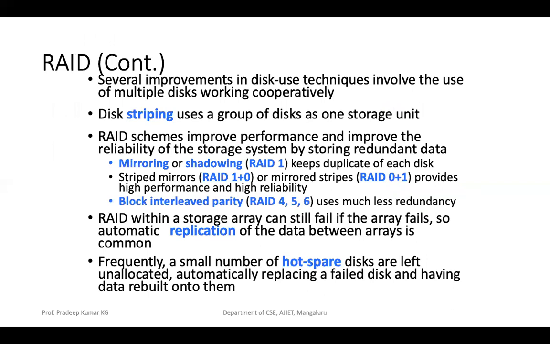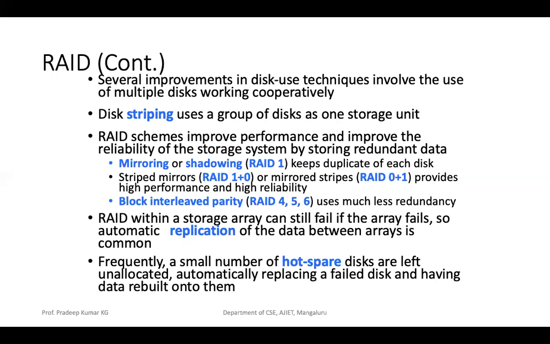Along with that continuation, the RAID setup will make use of disk striping, which uses a group of disks as one storage unit. Say you have 100 individual disks. You can divide them into groups of 10 each so that you can have a stripe.